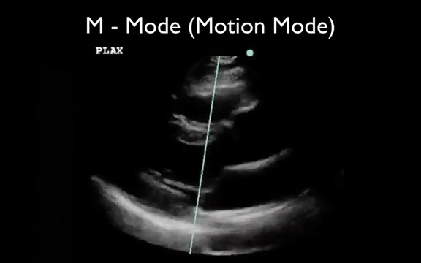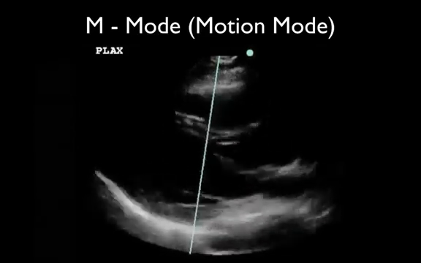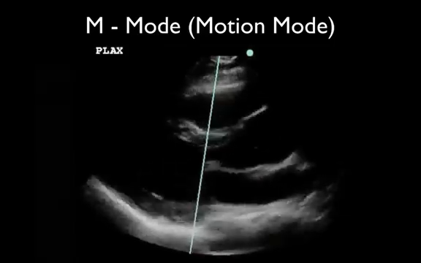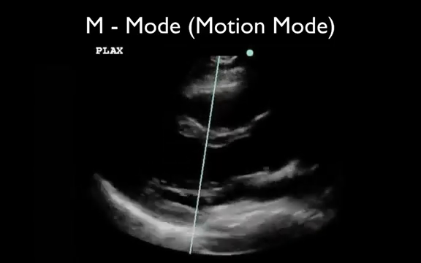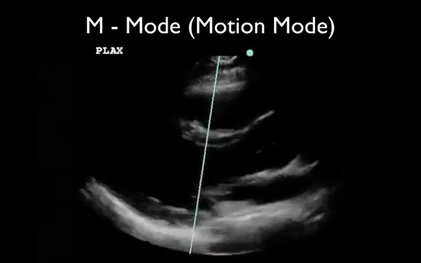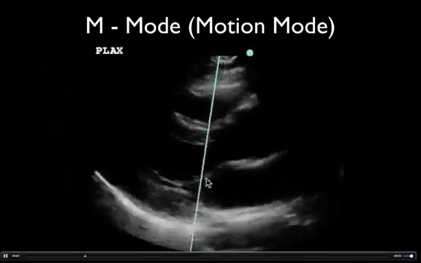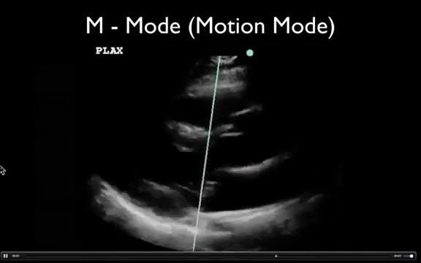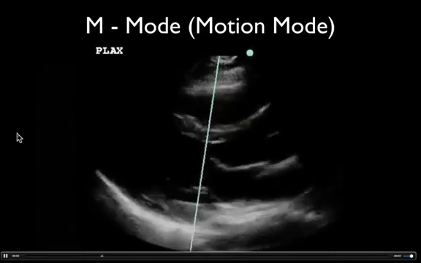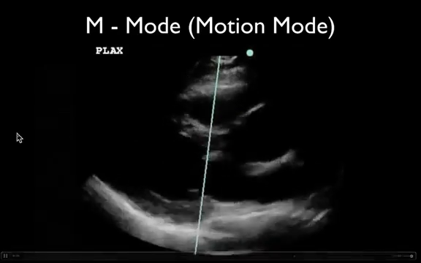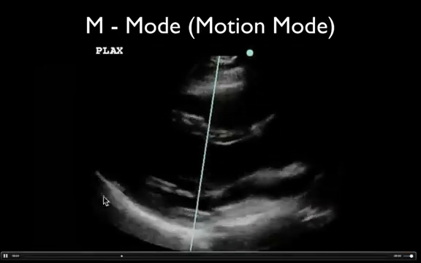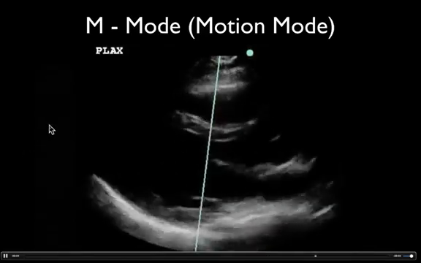So it's a sampling line essentially, and we put that right over the distal tip of the anterior mitral valve. Right there you can see it flipping up, and we're going to see how close it approximates that ventricular wall, and we're also going to be able to appreciate its motion in correlation to the other structures here. So let's go ahead and see.